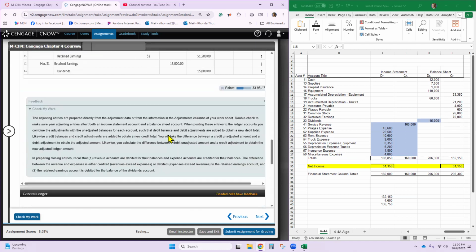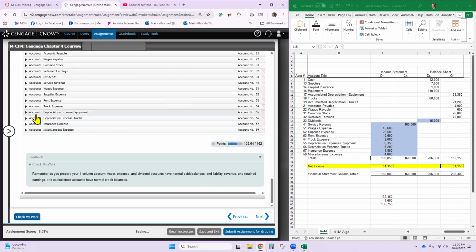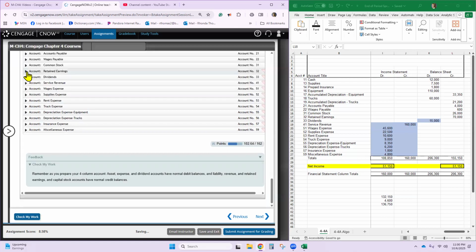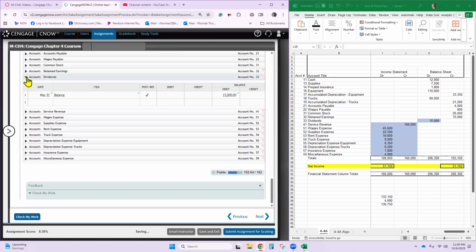This time we're putting a debit of 15,000 in it. So this is closing the dividends account. Page 27, 15,000. And now we're going to need to back out 15,000 out of there. $106,150.